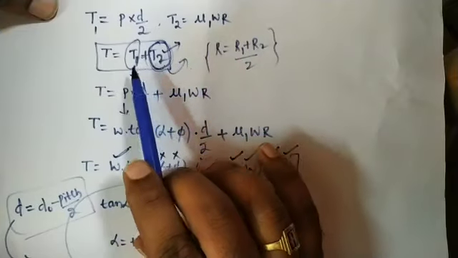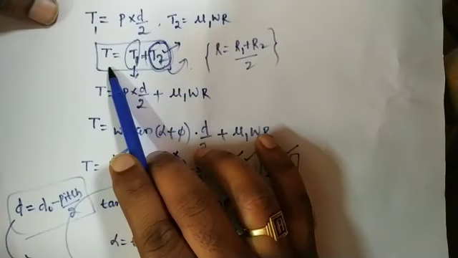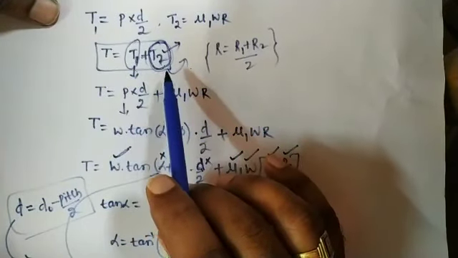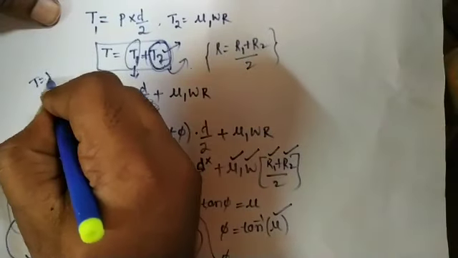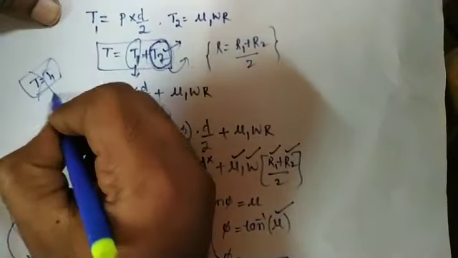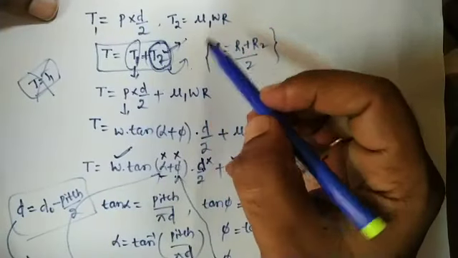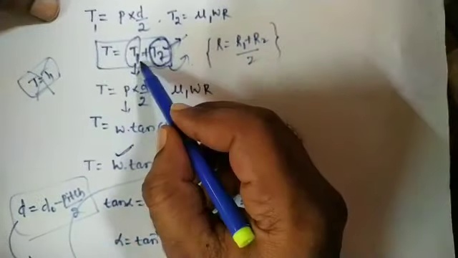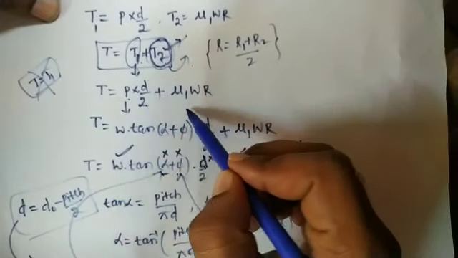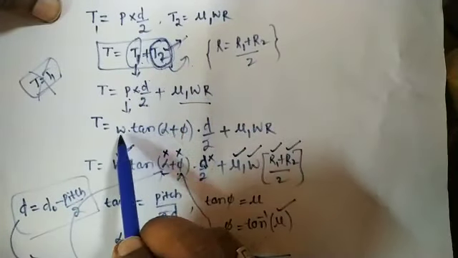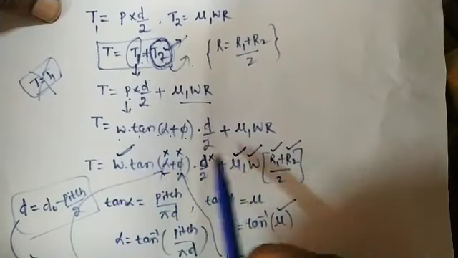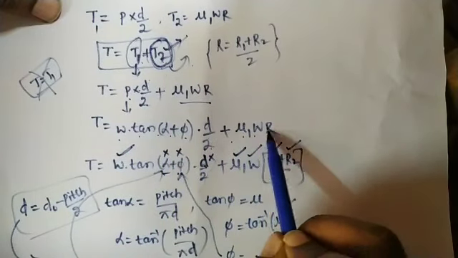So T1 plus T2 equal to total torque. In case of without collars, torque T equal to T1. But in this question, the collar condition is also given. Then T1 equal to P into d by 2, T2 equal to mu1 into WR. P means W into tan alpha plus pi, into d by 2, plus mu1 into WR.